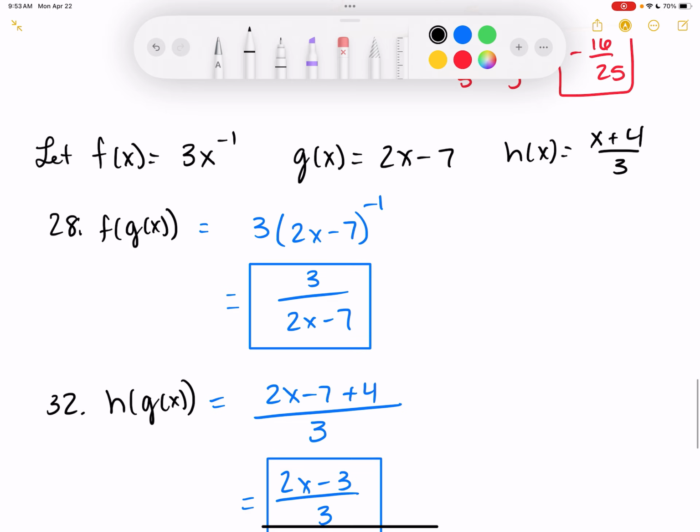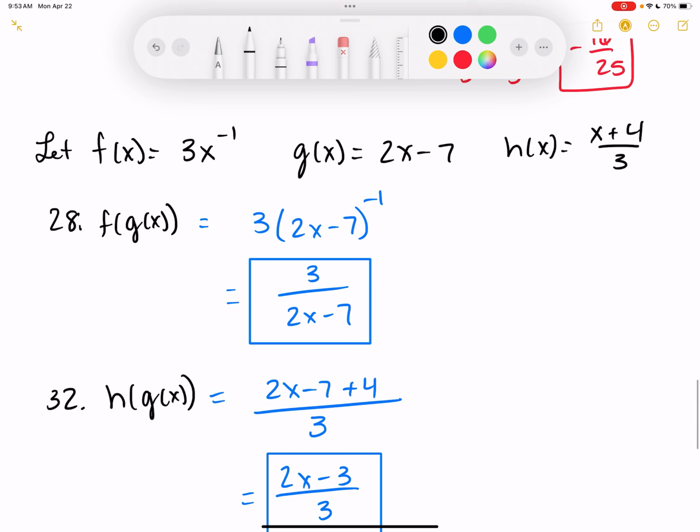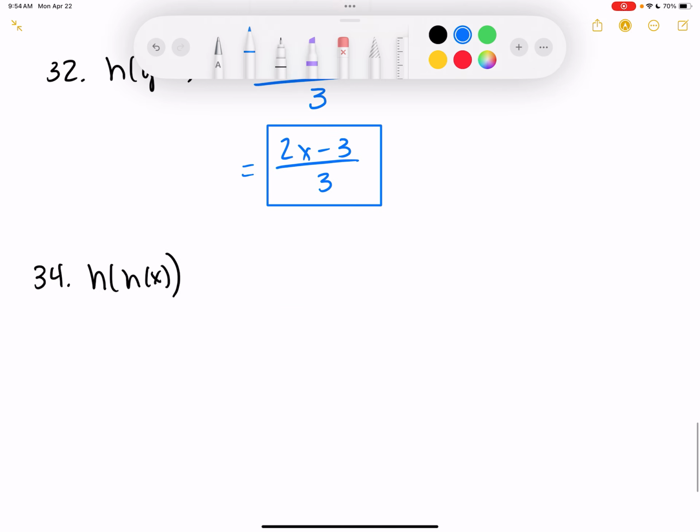So this is going to be written as x plus 4 over 3, plus 4, divided by 3. Any idea what I need to do first?